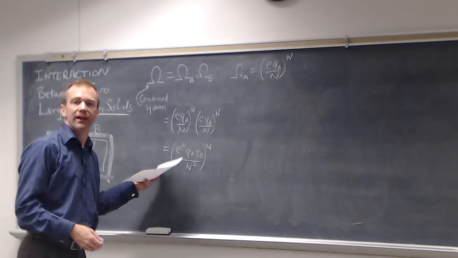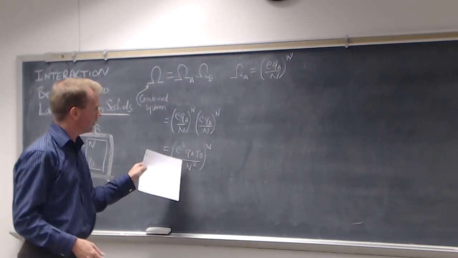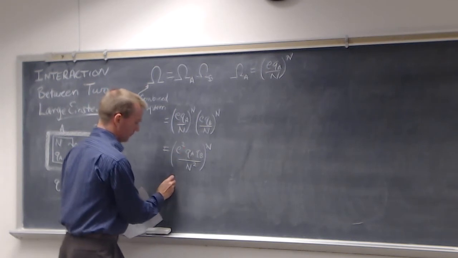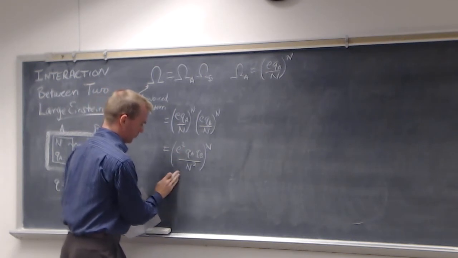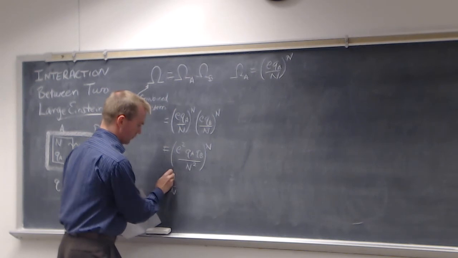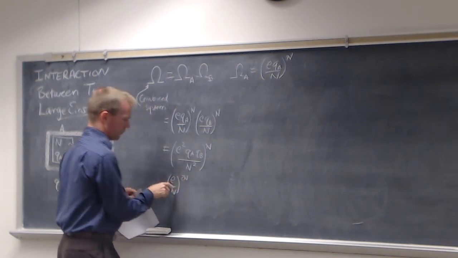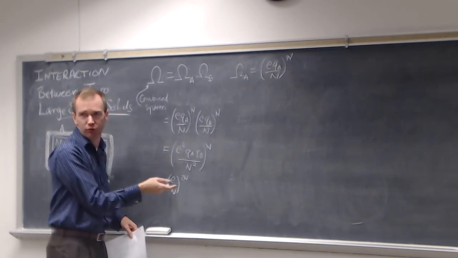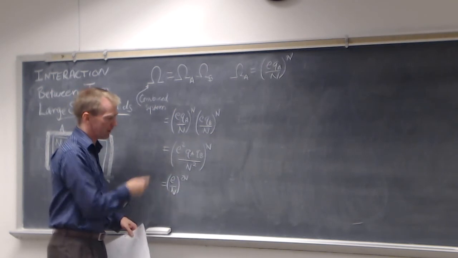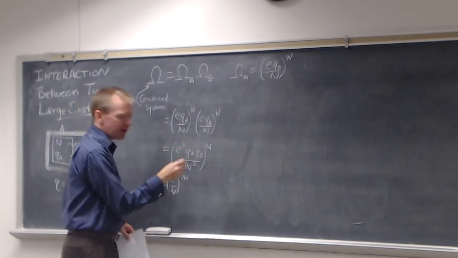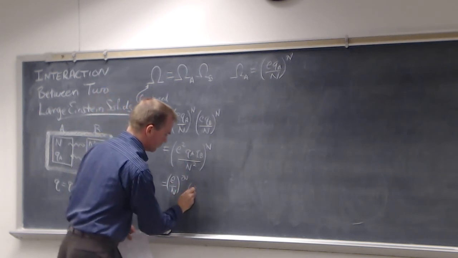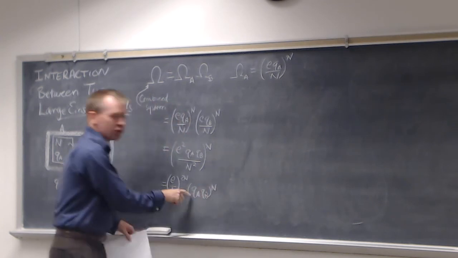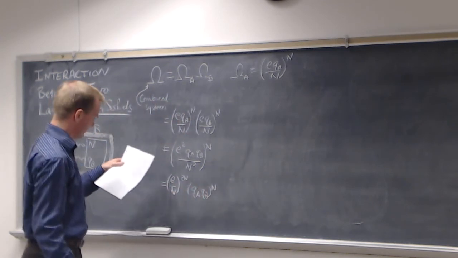Now, I can factor out the terms that don't have any subscripts, which would be E squared over N squared to the nth power, which is more simply E over N to the 2nth power, times QA QB to the nth power.